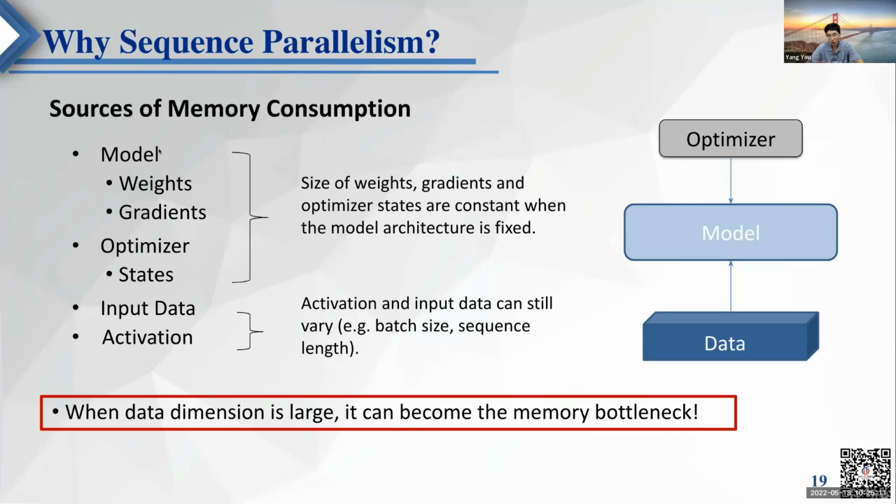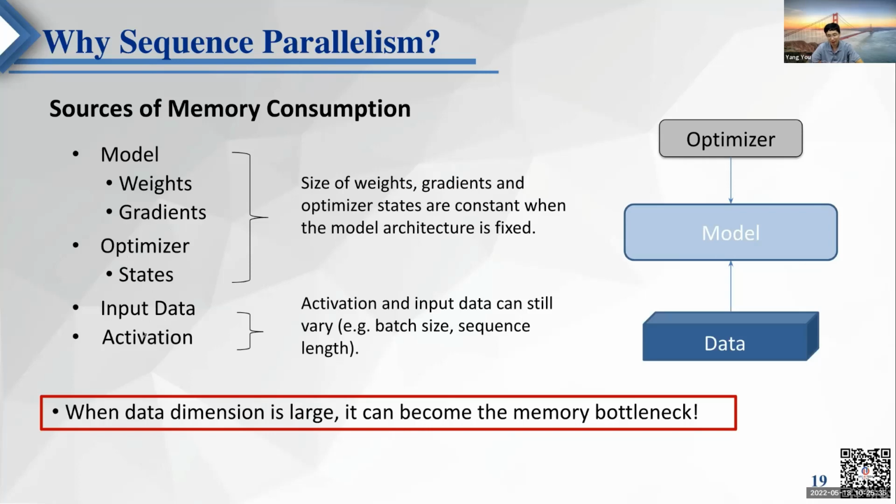For example, your model is 1 GB. The weights in FP32 will cost 4 GB. Gradients, another 4 GB. If you use Adam or similar optimizers, it's 8 GB. In total, for this part, it will be 16 GB.